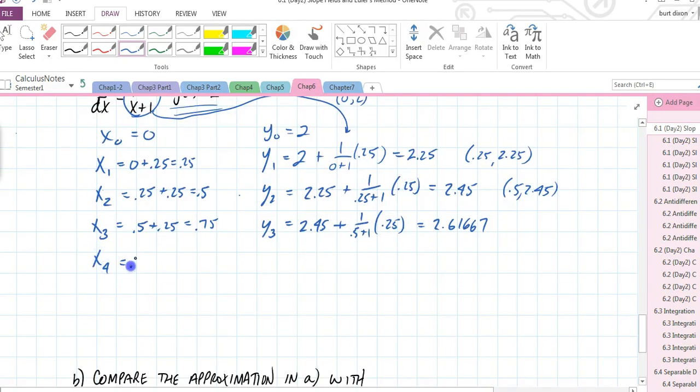x sub 4 would be 0.75 plus 0.25. That gets us to x equals 1, which is where we wanted to be. And now our y value there is 2.61667 plus the slope at the previous point, 1 over 0.75 plus 1 times our change in x, and now we have 2.7595.